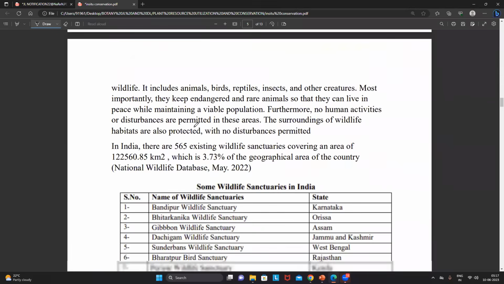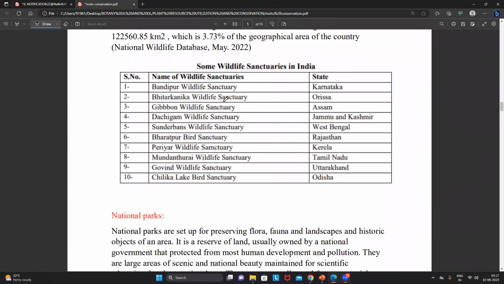Then the second, just remember the major wildlife sanctuaries in India and which state they are located in. Nothing else is required. Where you can expect a 100% one question.